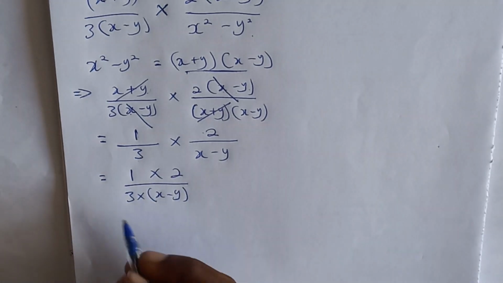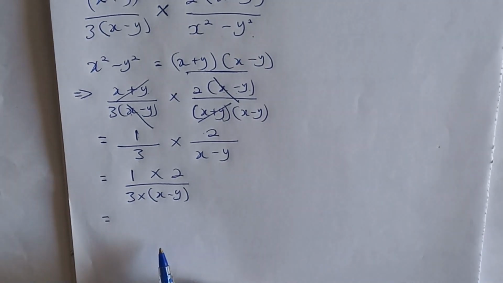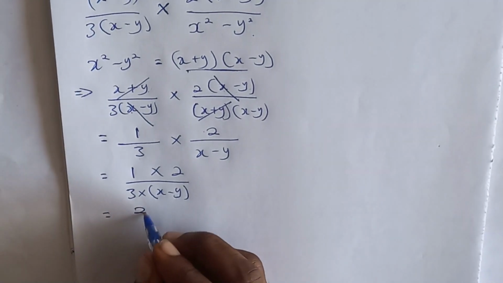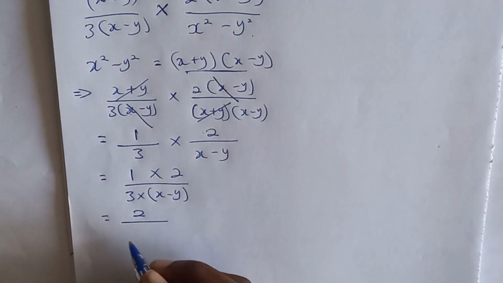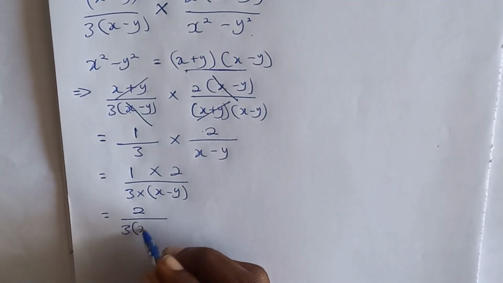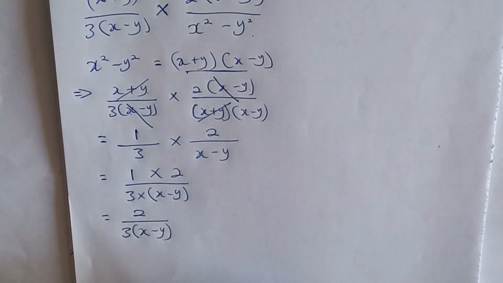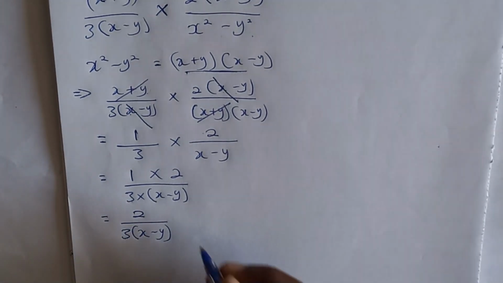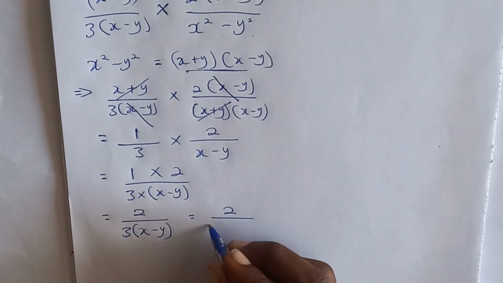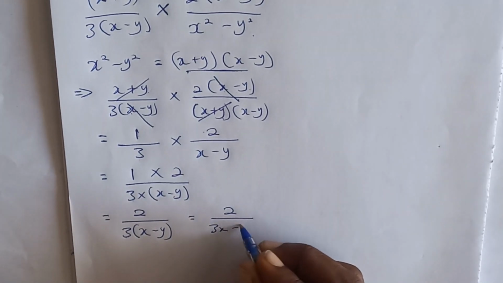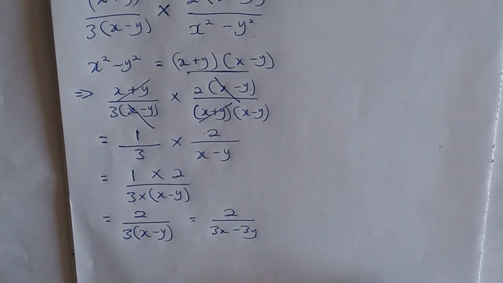Good. So to simplify this, we are going to get 2 on 3 into bracket (x minus y), or you can continue to write it as 2 on 3x minus 3y. They are all the same thing.